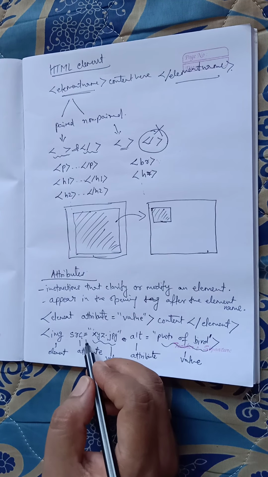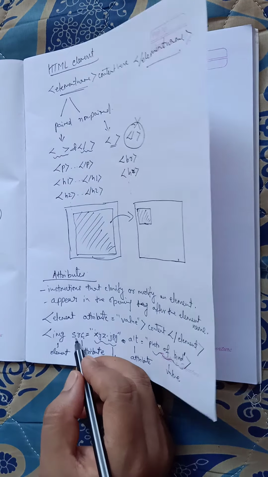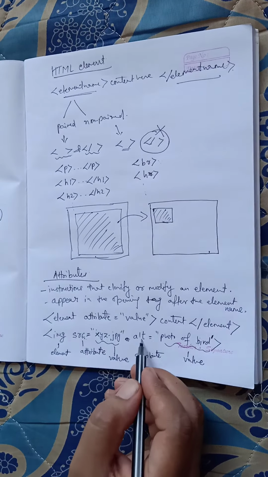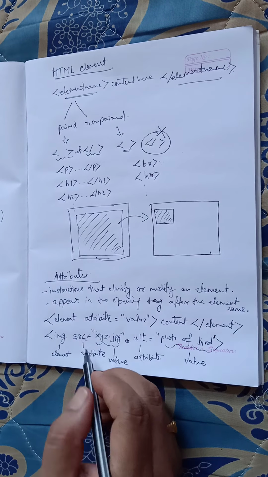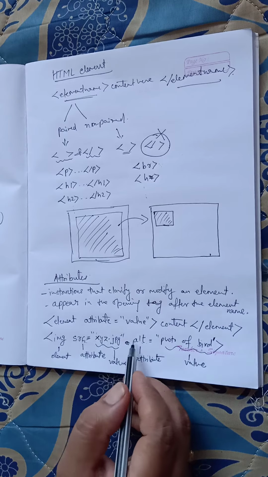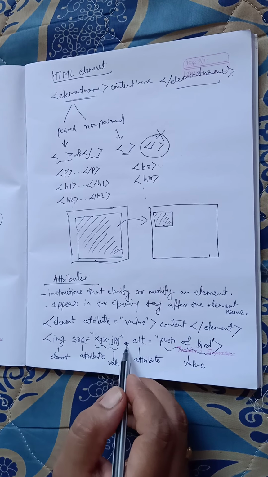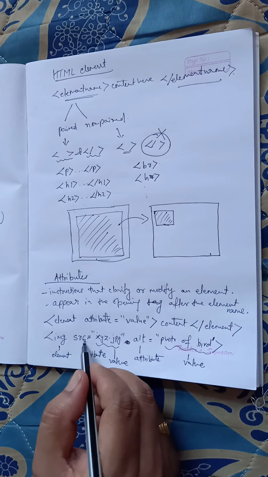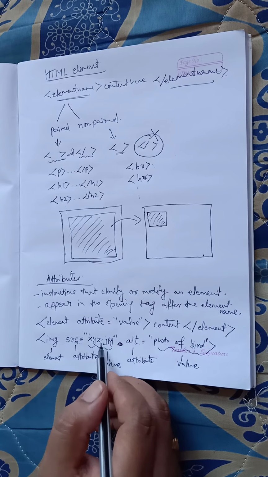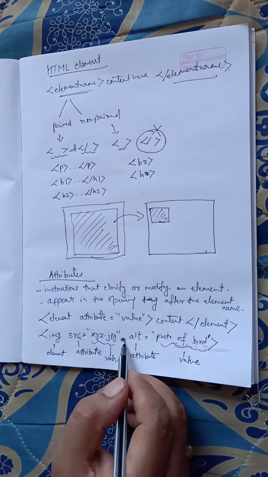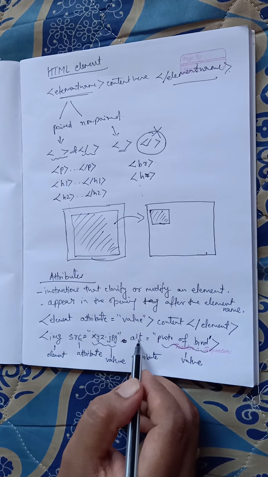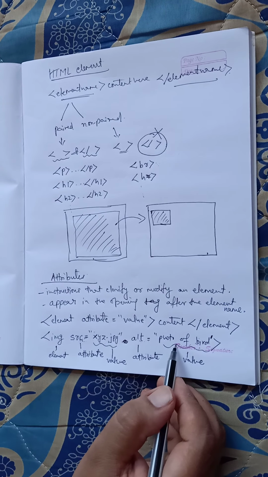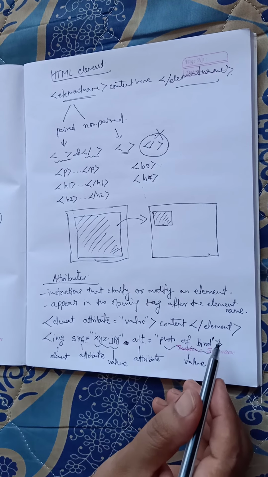There is no rule that I should write src first and then alt. Here I have used two attributes, and they are separated with a space. I write the first attribute equal to its value within double quotes, then a space, then the second attribute, and so on if you want more.